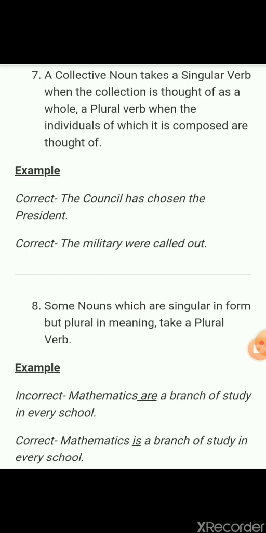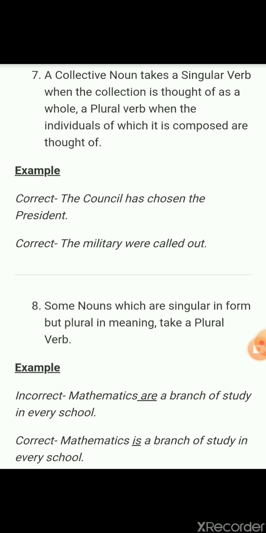Now look at the 8th rule. Some nouns which are singular in form but plural in meaning take a plural verb. Some nouns we get while reading through the text that these are singular in form but plural in meaning. Look at the example, you will see incorrect and correct both are there. Mathematics are a branch of study in every school.